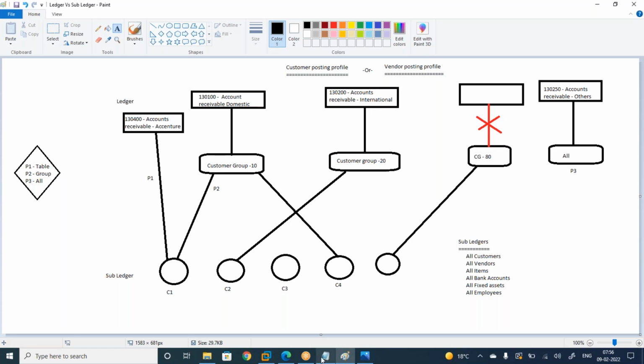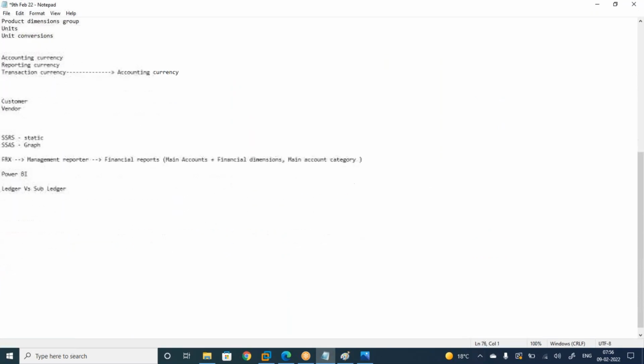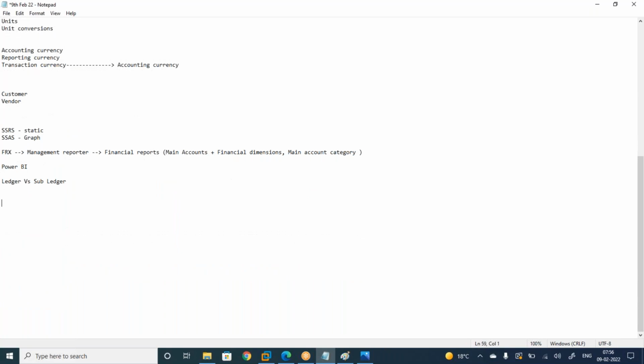Tomorrow's topic we'll discuss is temporary postings. Till now you have learned vendor invoice posting and customer invoice posting. You have been learning this for the last 3 weeks.